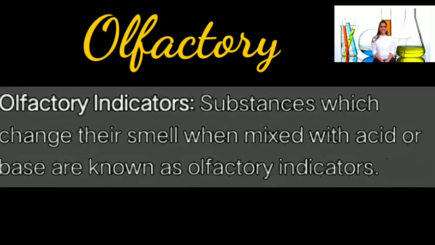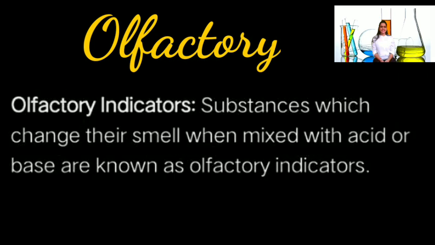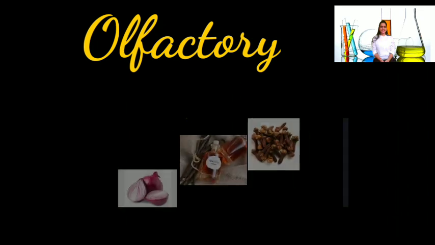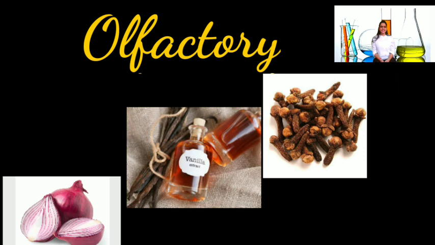Now let us learn about olfactory indicators. Substances which change their smell when mixed with acid or base are known as olfactory indicators. For example, onion, vanilla, clove, etc. are included in olfactory indicators.